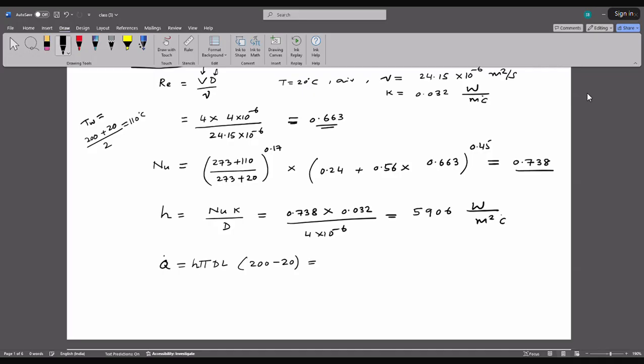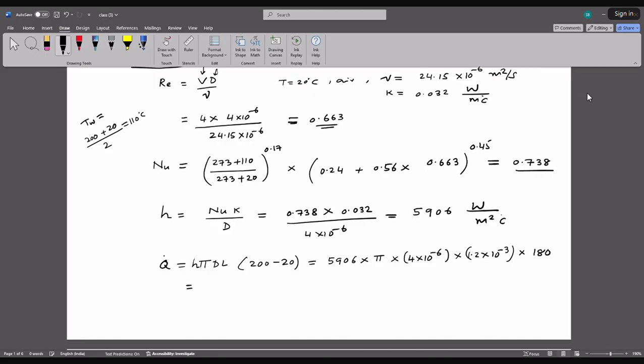Now if we substitute for everything, H is 5906 into pi into diameter, which is 4 into 10 to the minus 6, L is 1.2 into 10 to the minus 3, into delta T, which is 180.